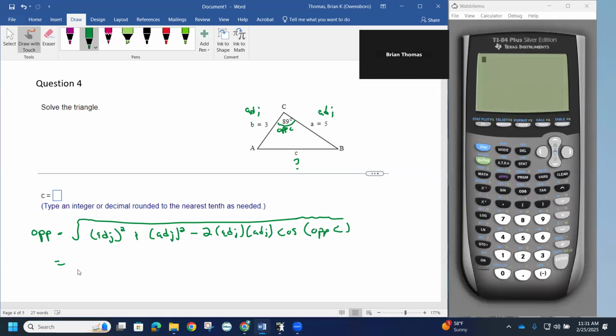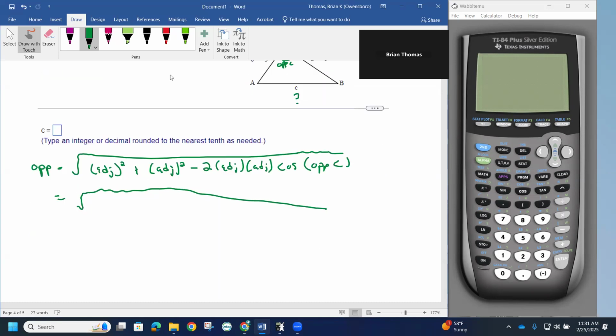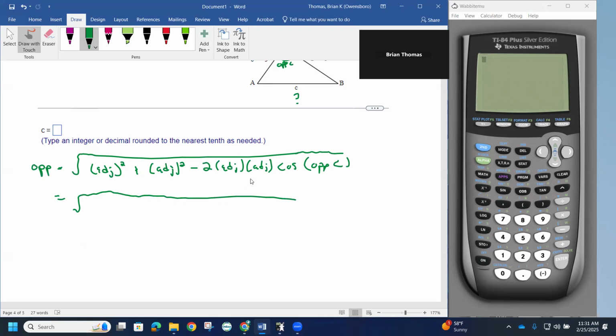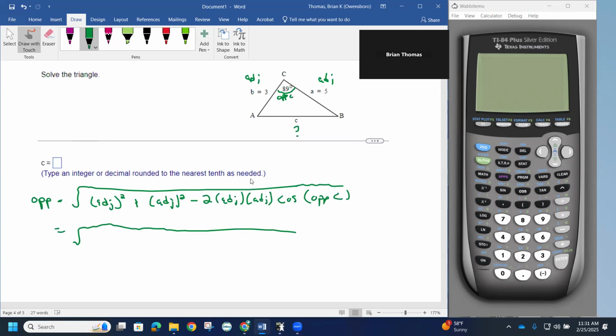So we're going to substitute in then the square root of, ooh, that's a little rough. Let me try that again. So the square root of, just so long. So the adjacents are the 3 and the 5.